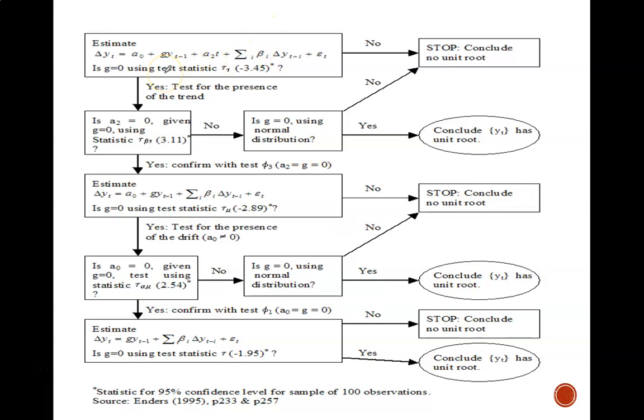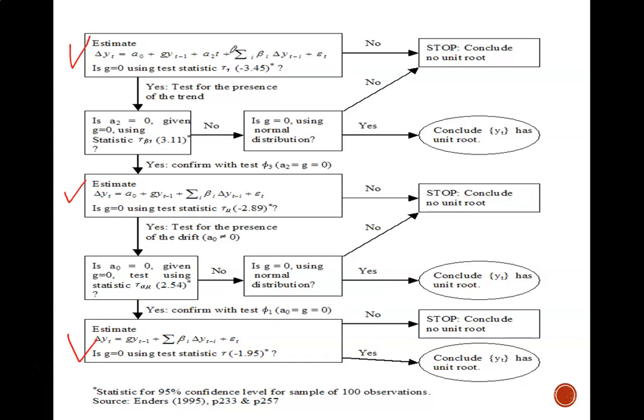For the time being, you might get confused, but I'll try my best. You have 3 equations here. This is the first, this is the second, and this is the third. The first equation is actually the most general.